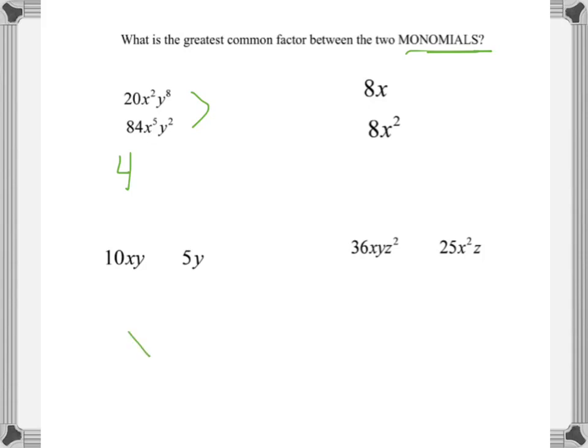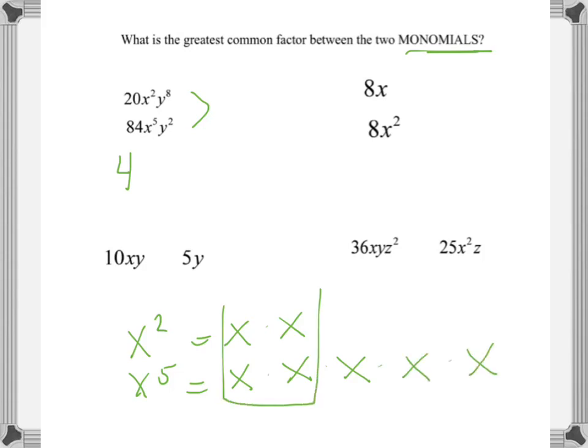Now, when we look at x squared and x to the 5th, remember, x squared is just x times x. X to the 5th is x times x times x times x times x. So they both share 2 x's as factors. So their GCF is x squared.